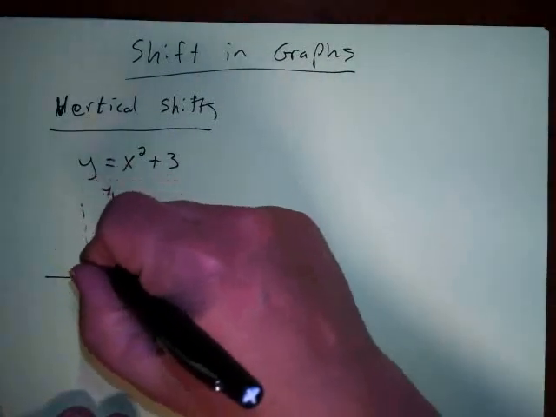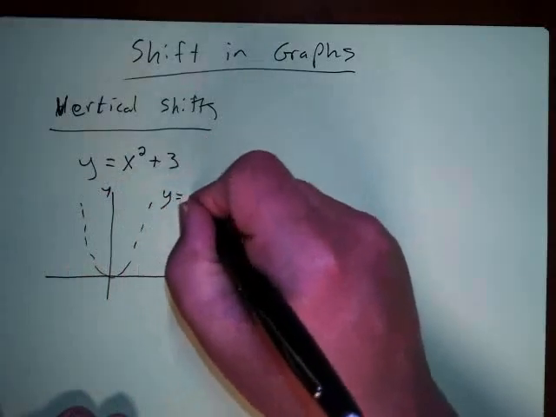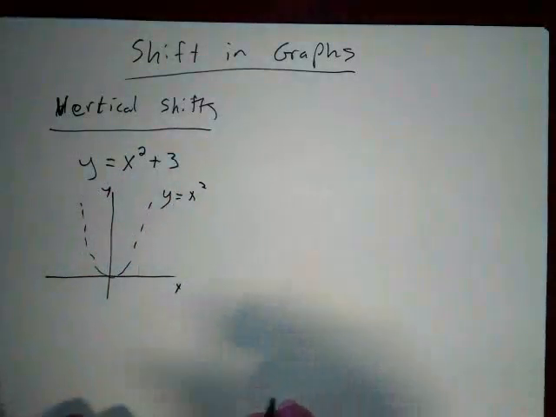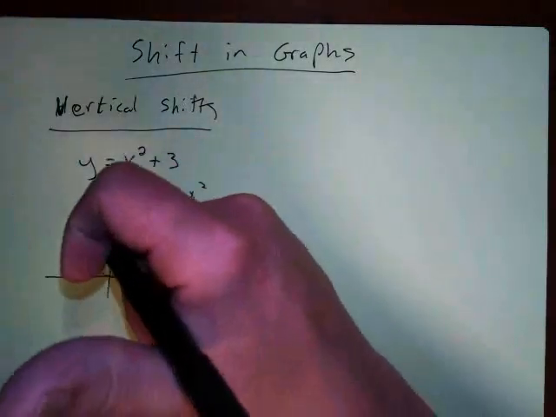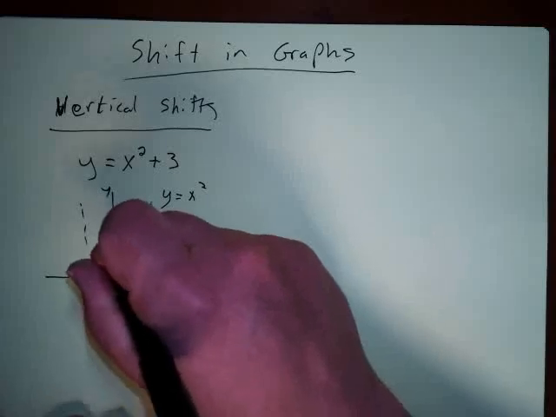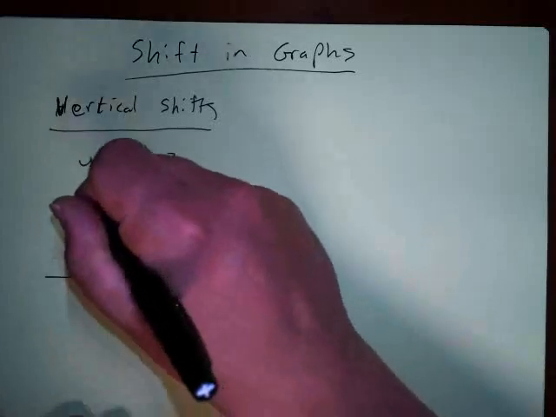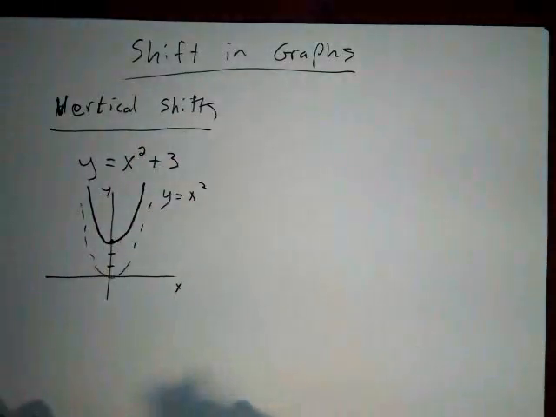So this would be like y equals x squared. And that's the basic function. So this plus 3, every value, every ordered pair here gets moved up 3 spots, right? So the new parabola is going to be like this. Okay.